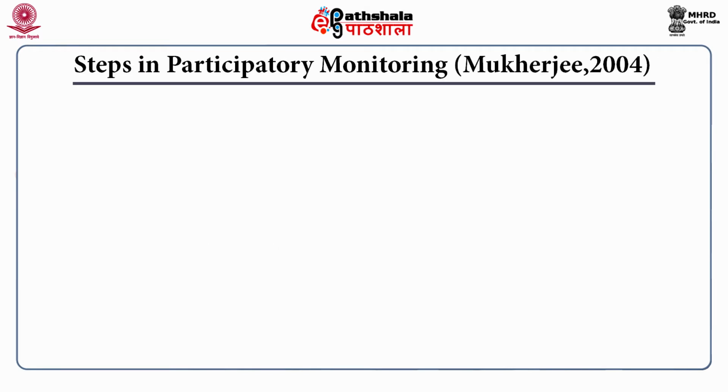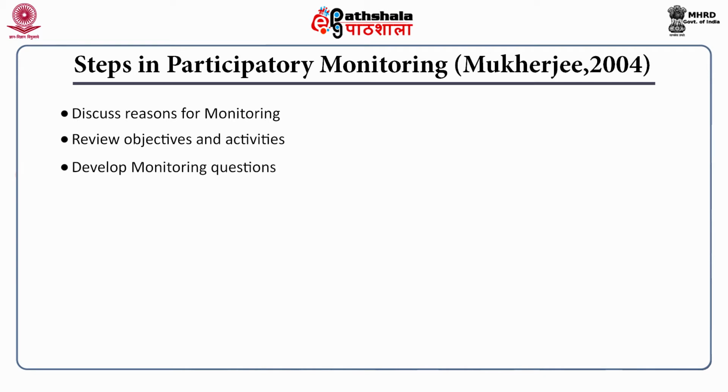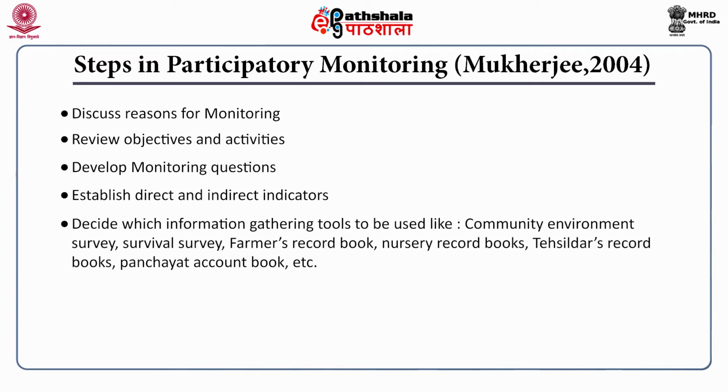Now, what are the steps in participatory monitoring? These are: number 1, discuss reasons for monitoring, review objectives and activities, develop monitoring questions, establish direct and indirect indicators, decide which information gathering tool is to be used.